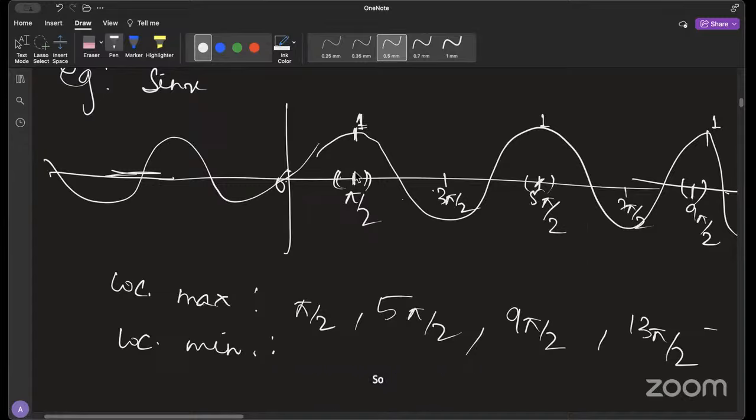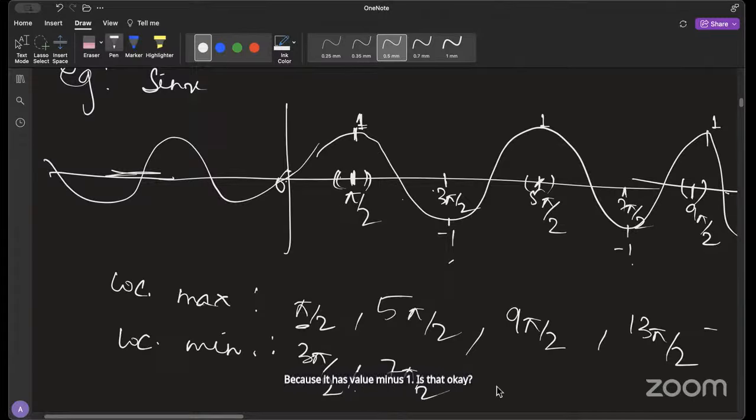So this has maximum value 1, the local maxima, pi by 2. Then 3 pi by 2 has value -1. So it should be here, right? Then you will have 7 pi by 2 again here, because it has value -1.